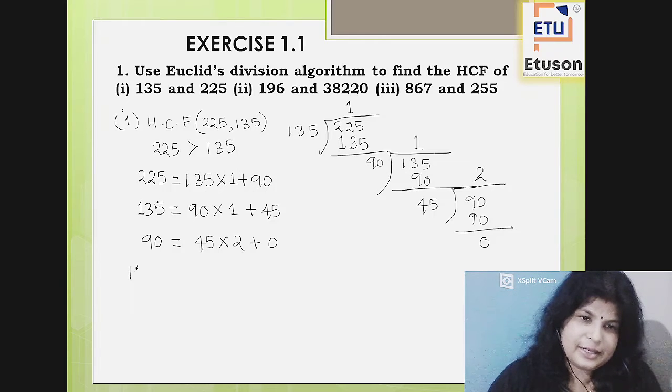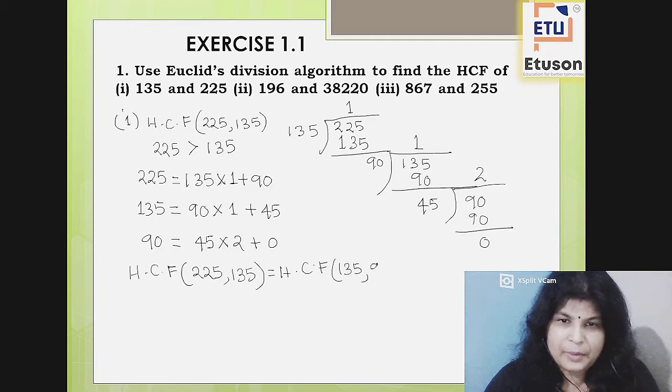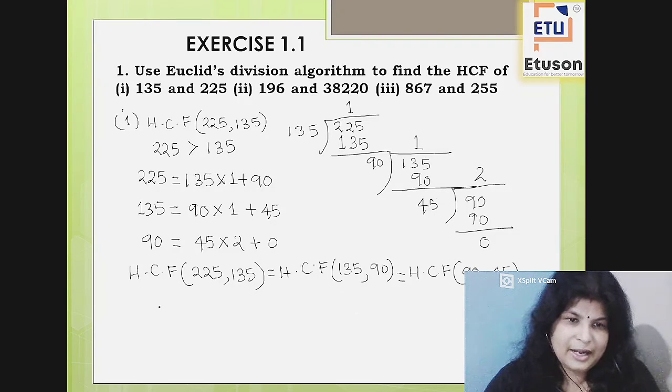You can write it down like this: HCF of 225 comma 135 is equal to HCF of 135 comma 90 is equal to HCF of 90 comma 45, and the answer is 45.